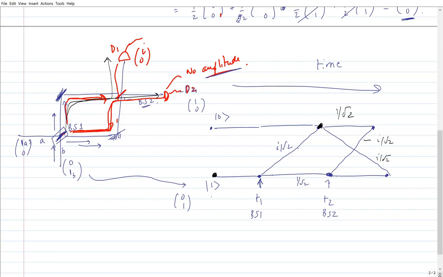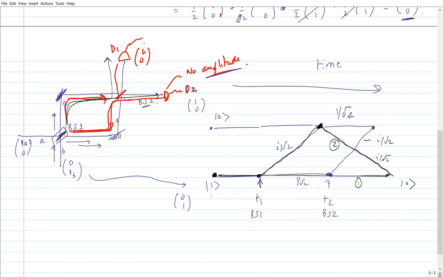Now if I calculate the probability of going from the state 0 to the state 0 over here, it is going to be the sum of these paths: path 1 and path 2.